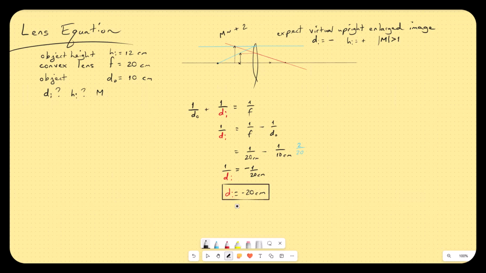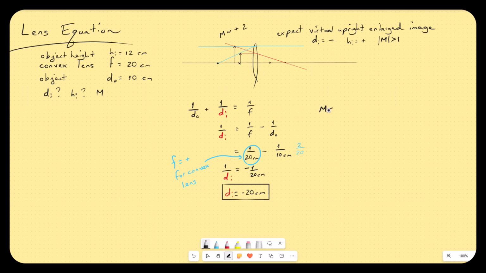I knew my F was a positive number. That was the big thing I needed here. I said F is positive for a convex lens. So I get a DI of negative 20 centimeters.